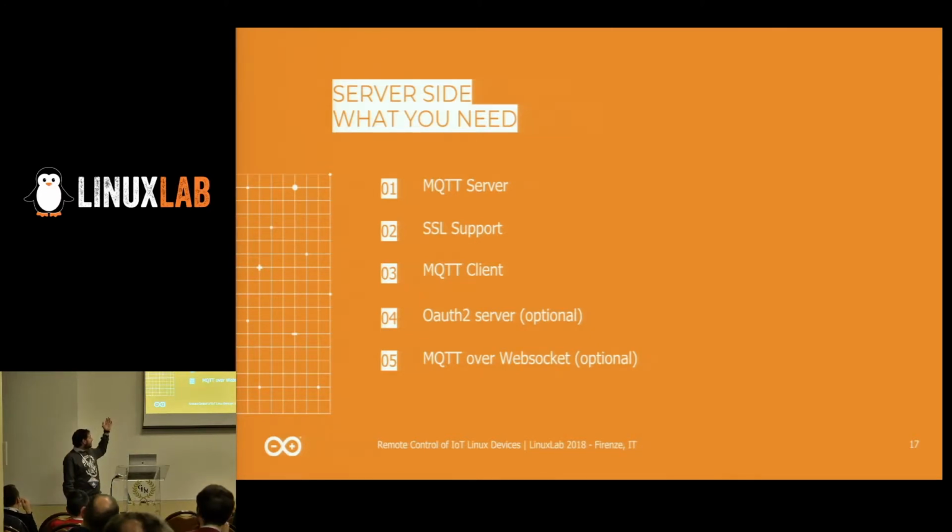You need an MQTT server. You need SSL support. The MQTT client can be whatever you want. It can be MQTT over WebSocket, JavaScript libraries, Python libraries, Mosquitto client. Doesn't matter. It works. It's just plain MQTT.